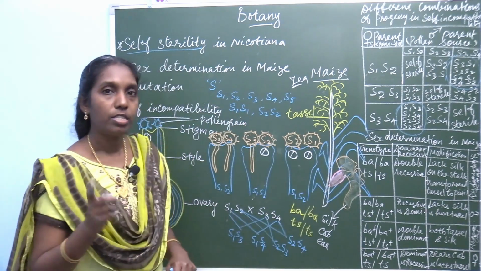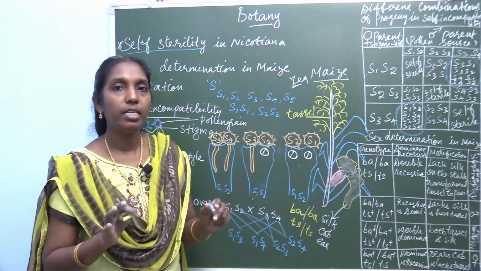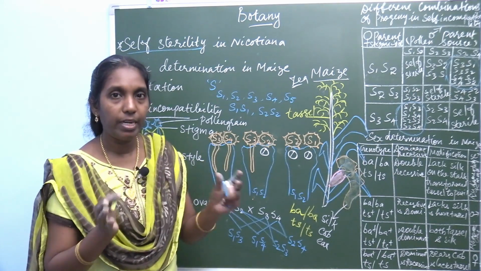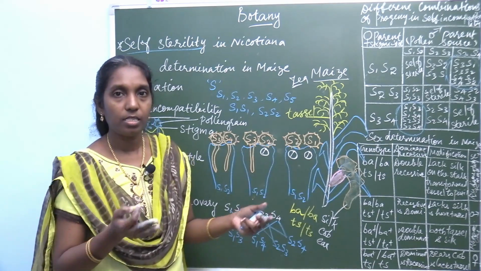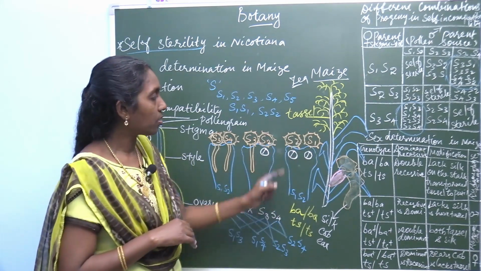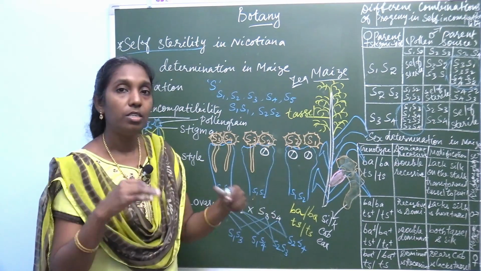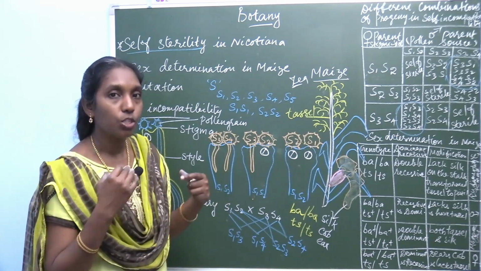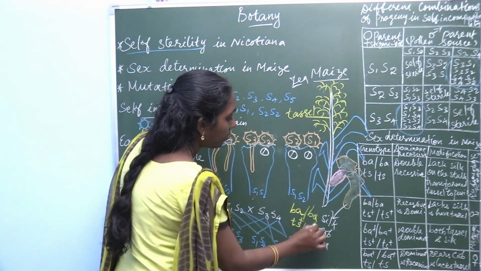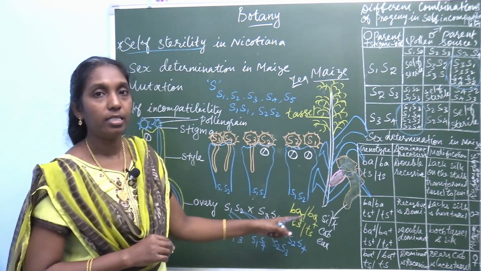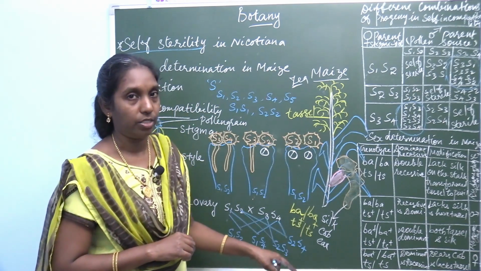Normally the dominant character is denoted by capital letters and the recessive by small letters. Here in this cross we are using dominant characters as superscript, like TS plus, which denotes the dominant nature.